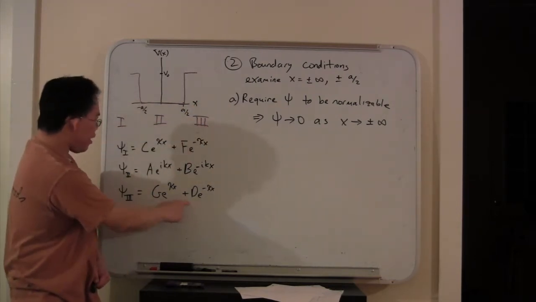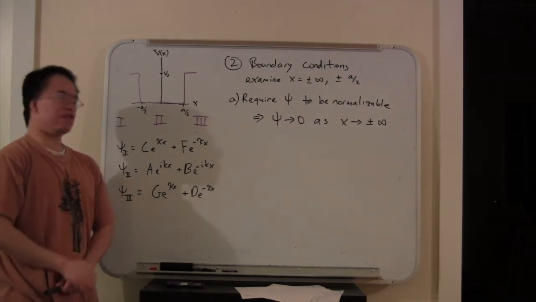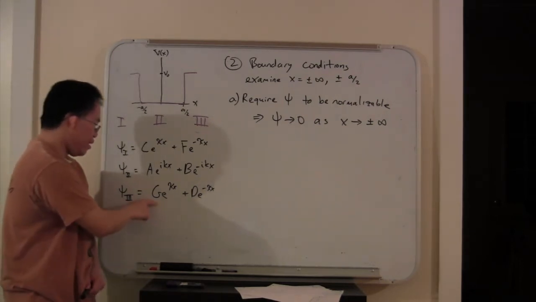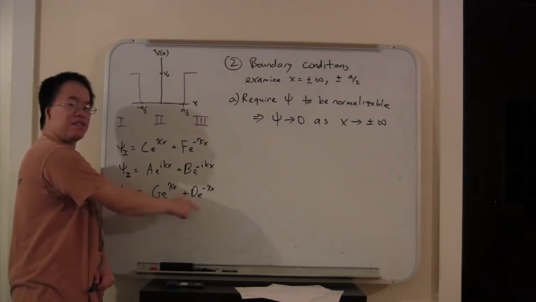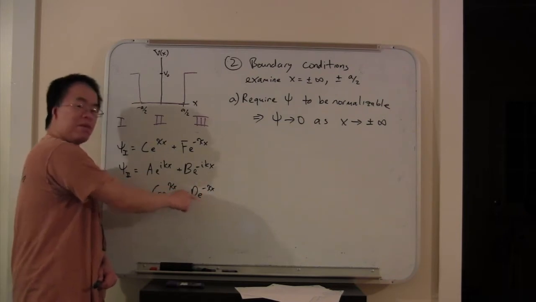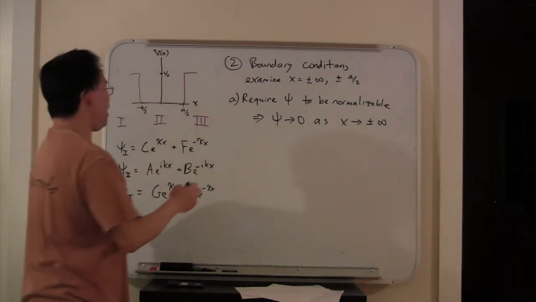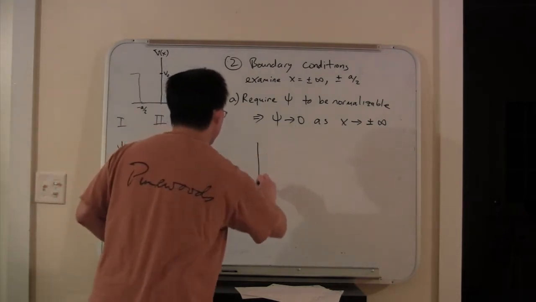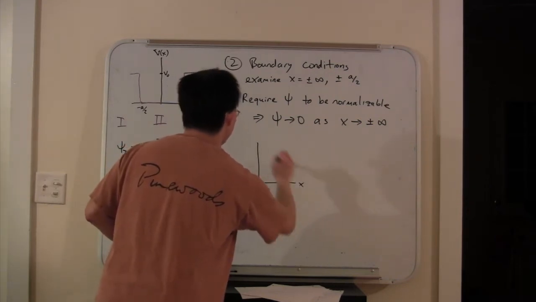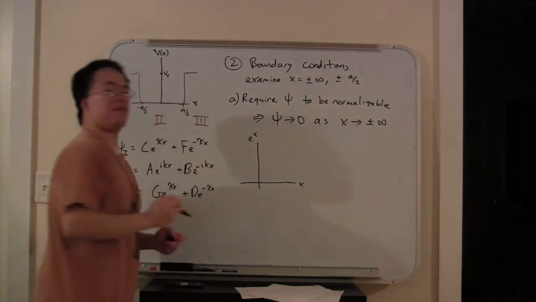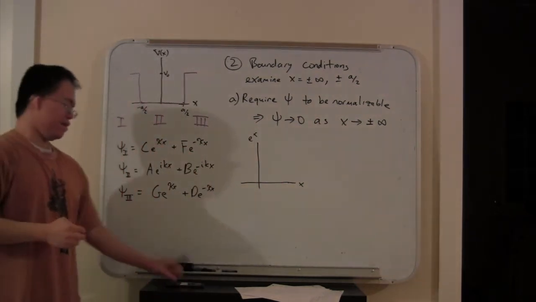We have two possible terms, one of which is a positive exponential, e to the kappa x, and then this thing is e to the minus kappa x. So you might remember that a graph of e to the x looks something like this.